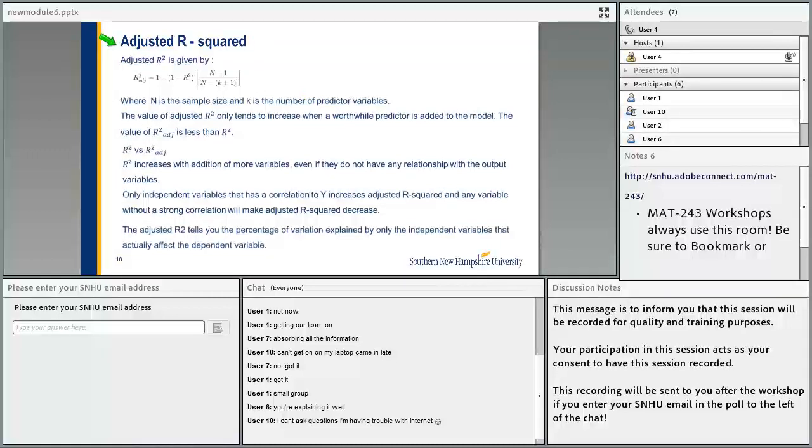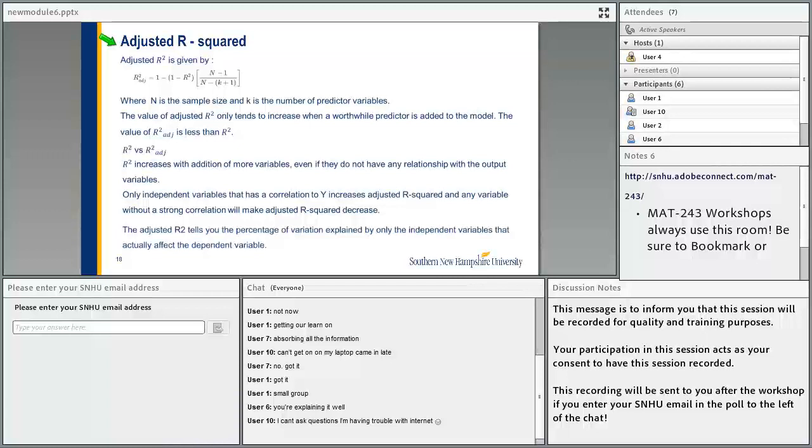The adjusted R squared, what does this mean? As I just said, my R squared value will increase when I add more predictor variables. That does not mean that the predictor variables that I have added to my model are really helping me explain the Y values.